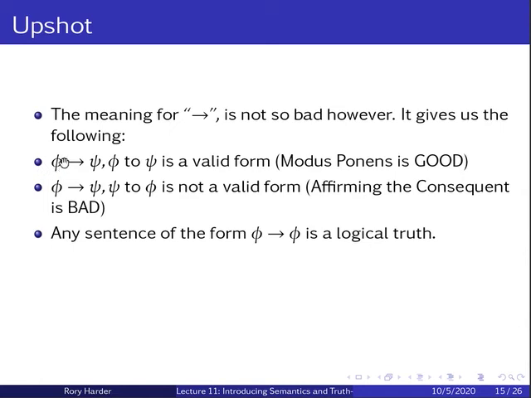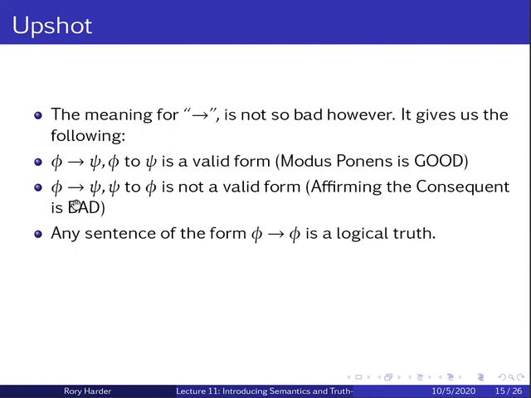An argument with premise 1, the conditional if phi then psi, and premise 2, the claim phi, to the conclusion that psi, we will see that that is a valid argument. And this is good because this is, as we've already seen, the argument for modus ponens. So this meaning for the conditional makes modus ponens valid, which is good.